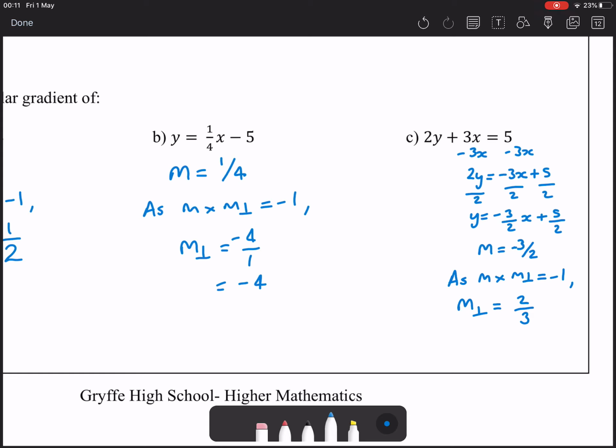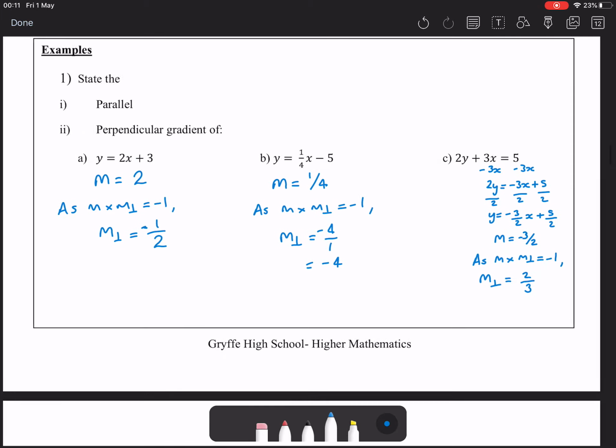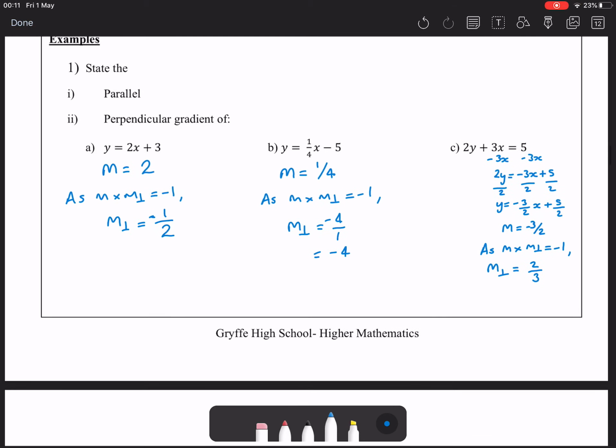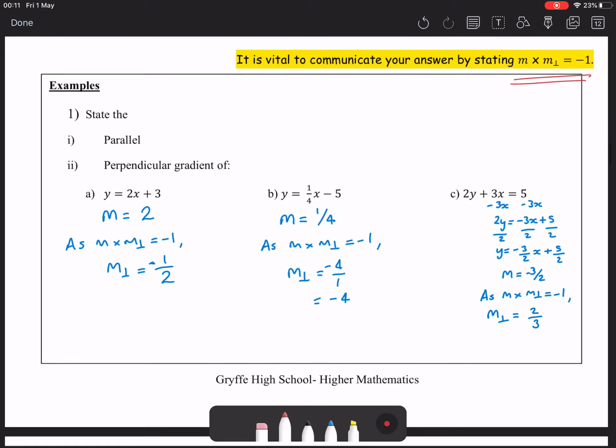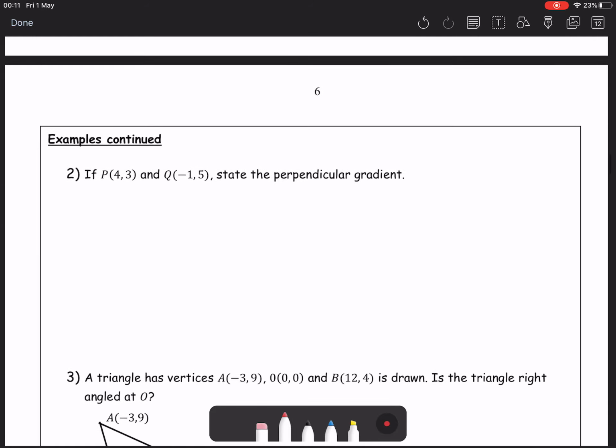So the perpendicular gradient of negative 3 over 2 is 2/3. Okay, each time stating the important bit of communication.